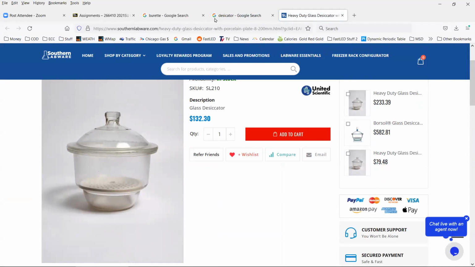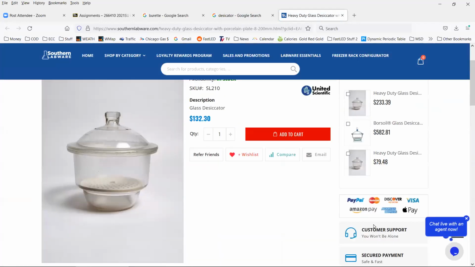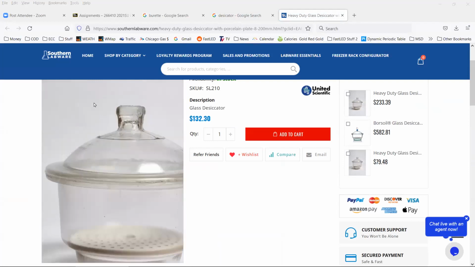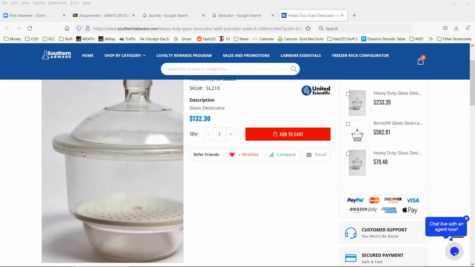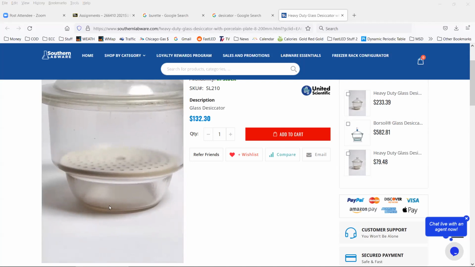Everybody see the container? If you look on the left of your screen, this top comes off. It's got vacuum grease on it. It slides off. Underneath is a white plate with holes in it; this one doesn't have it.